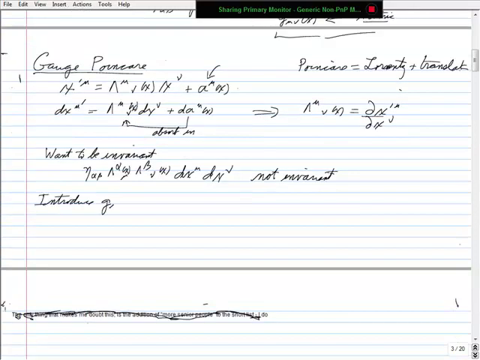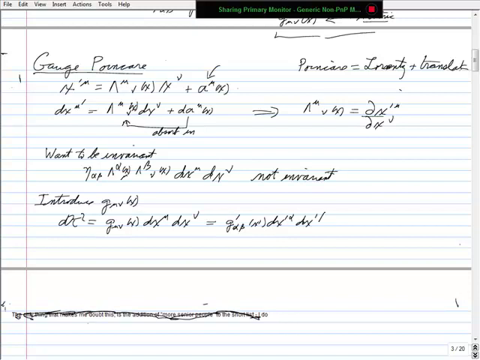But now these invariants, d tau squared is g mu nu of x, dx mu, dx nu. So that's where we got to from just making general coordinates, using other coordinates. We want this to be equal to g prime alpha beta at x prime, dx prime alpha, dx prime beta.